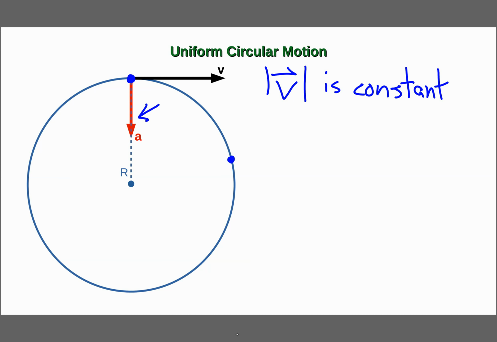So when my particle's here, the acceleration points like this toward the center of the circle. And our velocity is actually always tangential to the circle, okay? It always goes kind of straight like this. So as we go to different points, we have velocity like this and acceleration like this, always, okay? V and A, as we go around the circle.